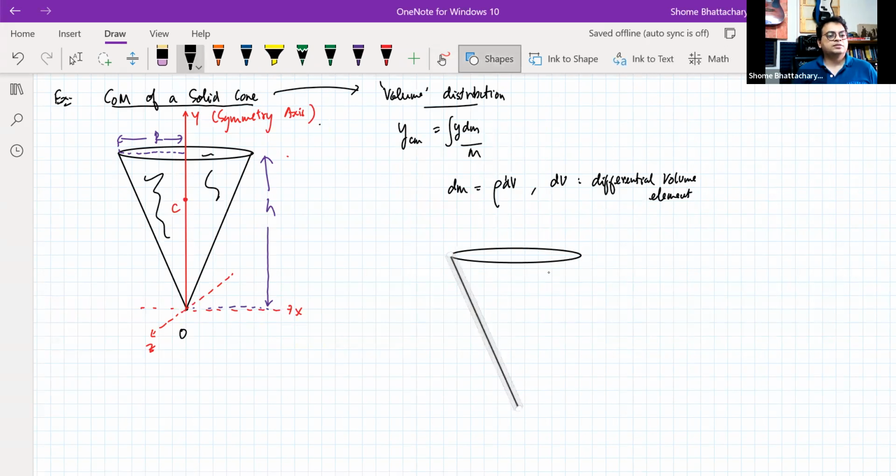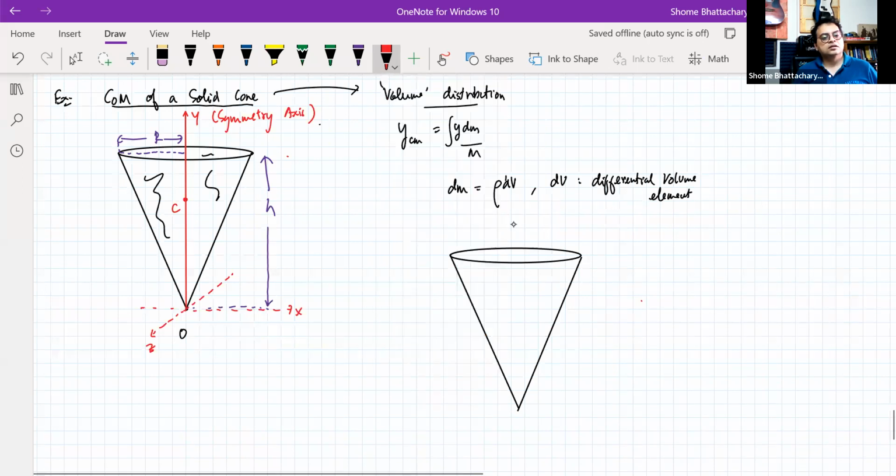That means we have to consider the volume of these discs and not the surface area. For the volume of the disc, we have to consider the thickness projected along the vertical axis, that is the y-axis. So this time we take the thickness of these discs as dy, not like dl on the side, not the inclined thickness, but the vertical thickness.